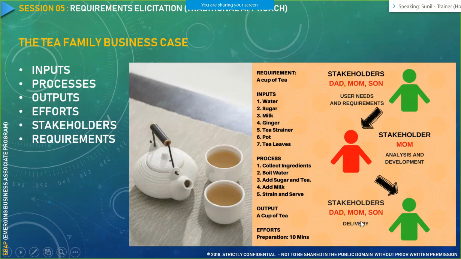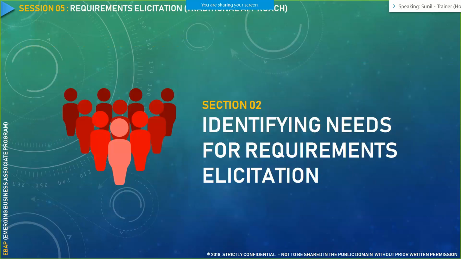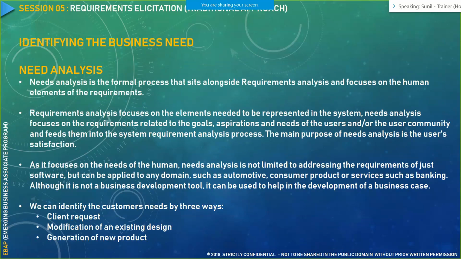So in the requirement management or business analysis world, we would often encounter these terms: inputs, processes, outputs, efforts, stakeholders, and their requirements. We would often encounter these terms as a business analyst when we are going for the initial requirement elicitation process.